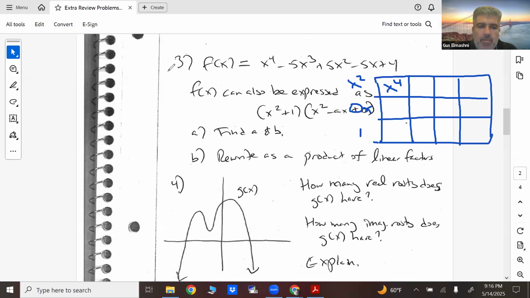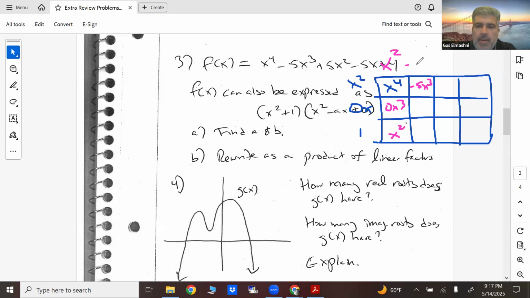This has to be x squared. And then this will be 0x cubed. It'll be x squared. I said negative 5x cubed, so I'm going to put negative 5x cubed here.